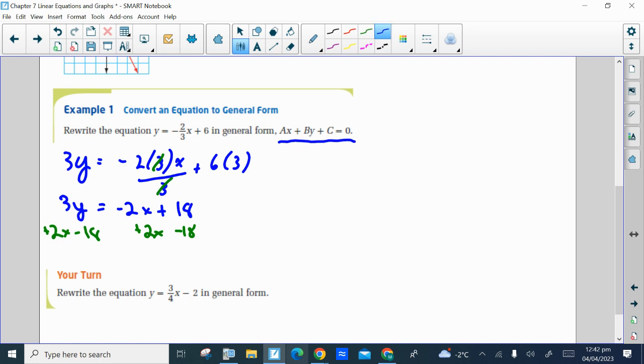And now we have the equation in general form. Notice that the x term, not only is it positive, but it always comes first. So on the left side, I'll have a positive 2x, a positive 3y because the y term is second, and then my constant is negative 18. Now it is written in general form.